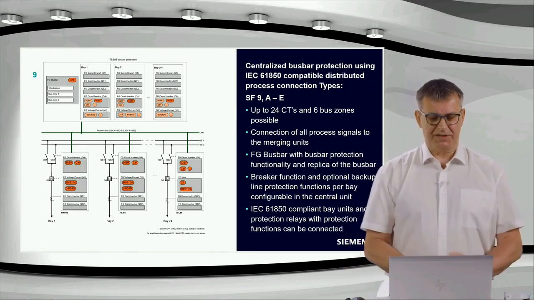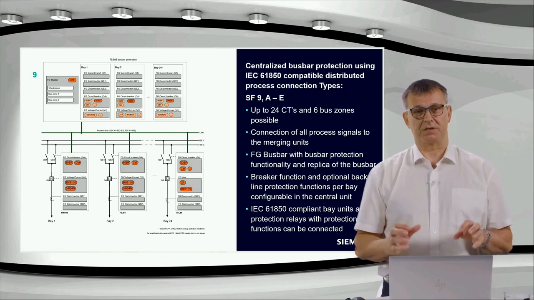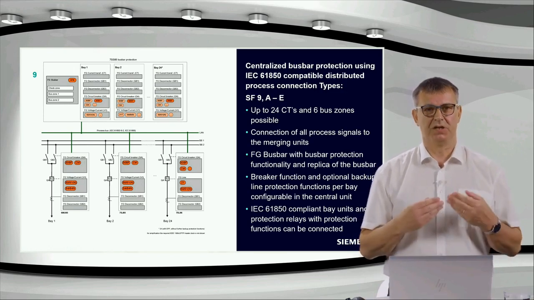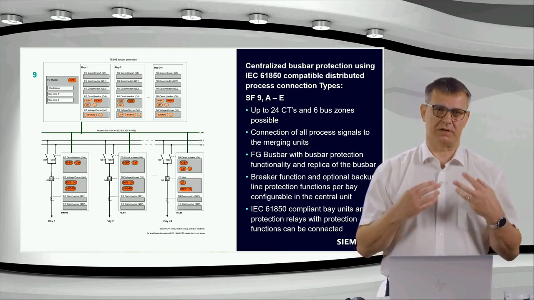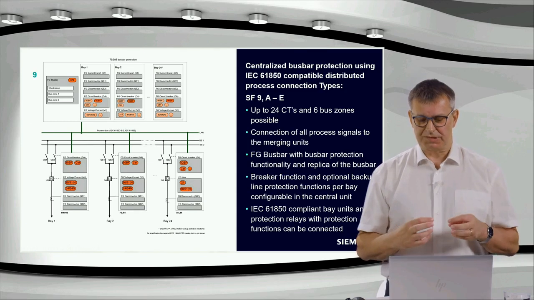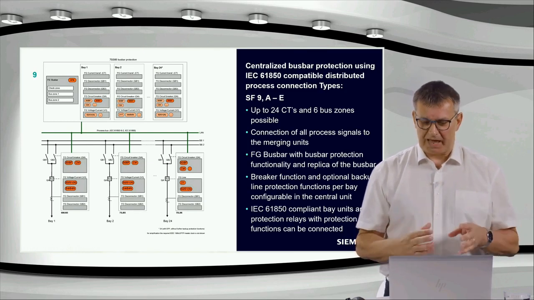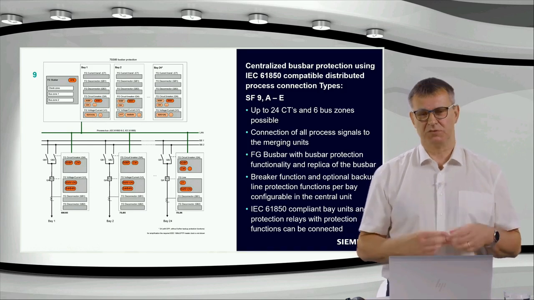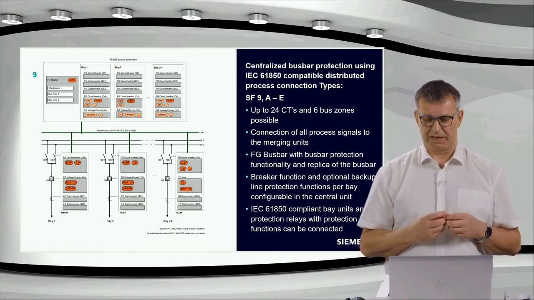A big advantage of this approach is that you can use not only the SIPROTEC 5 merging unit 6MU85 or any other modular SIPROTEC 5 device. You can also use compliant merging units from competitors. You can use a merging unit from GE, from NARI, or from anyone else.